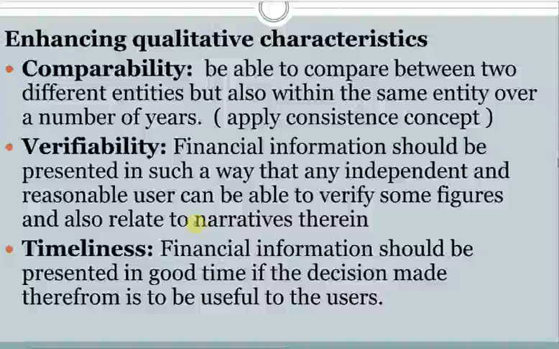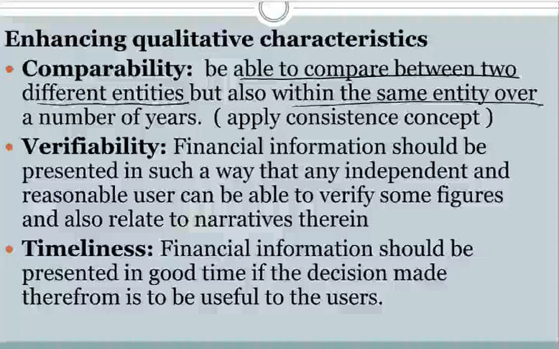The first one is understandability. Rather, we should start with comparability. Okay, let's start with comparability. So the first one is comparability. You want your financial statement to be able to be compared between two different entities and also between the same entity over years.